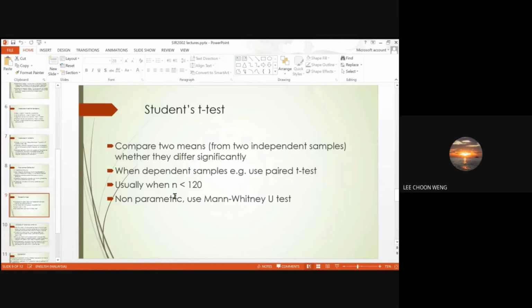Sometimes your samples are dependent, usually for clinical trial, before and after, you can use paired t-test. Also usually when n is less than 120. Student's t-test is found to be good when your sample size is small.